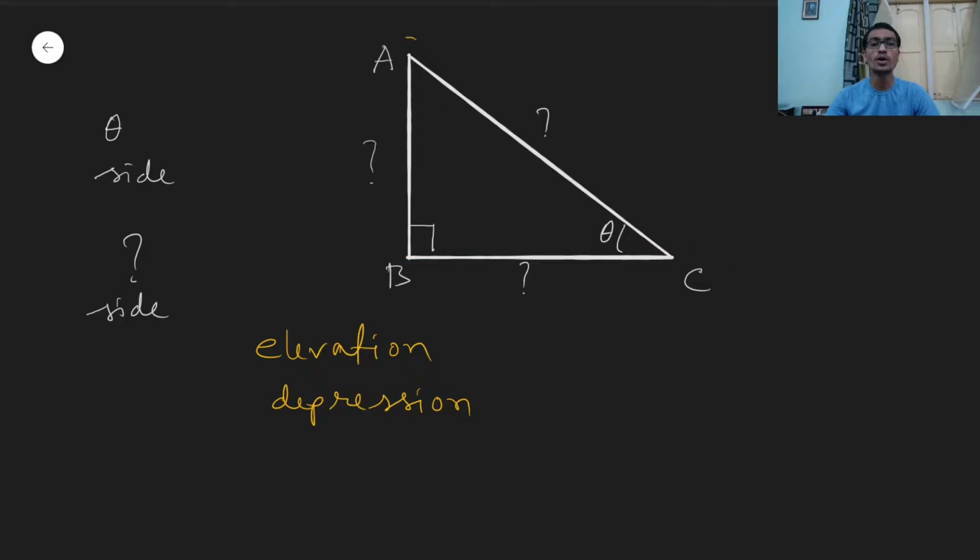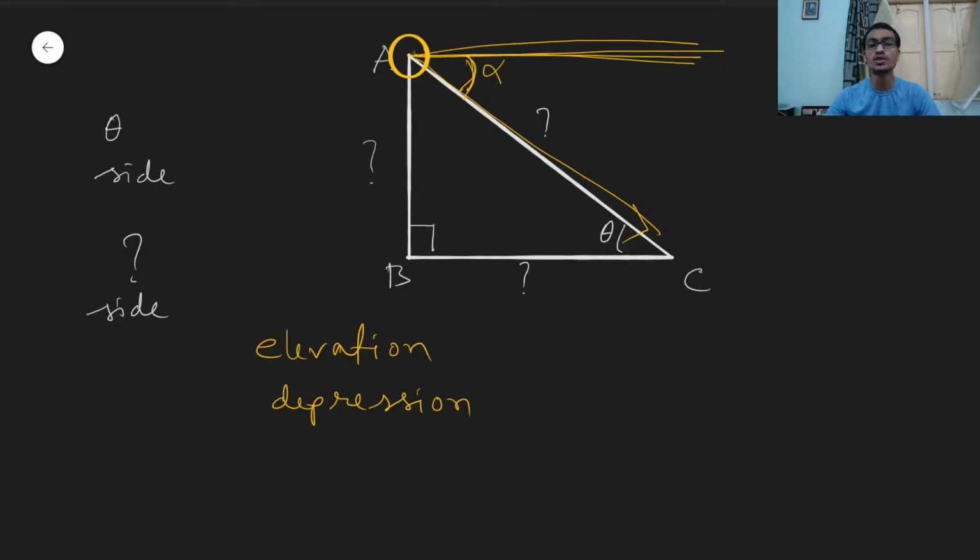And when somebody at A looks towards the point C through AC, then the line AC makes an angle alpha with the horizontal level. Here the horizontal level is this level. So in that case the angle alpha is called the angle of depression.